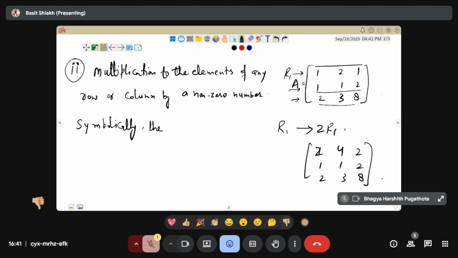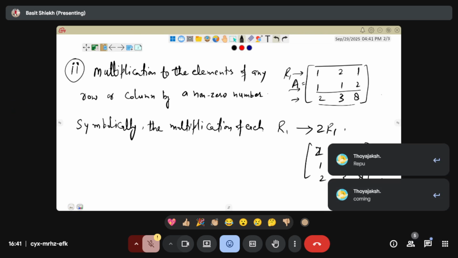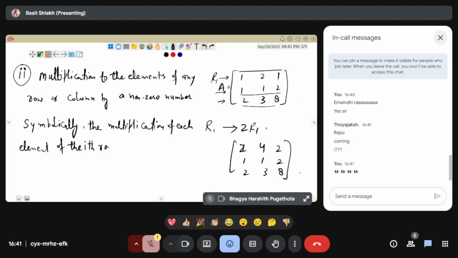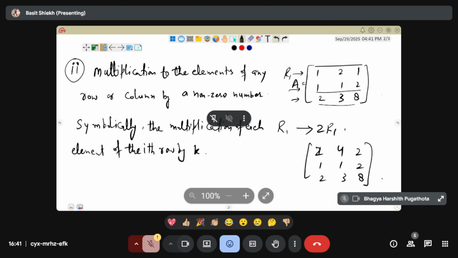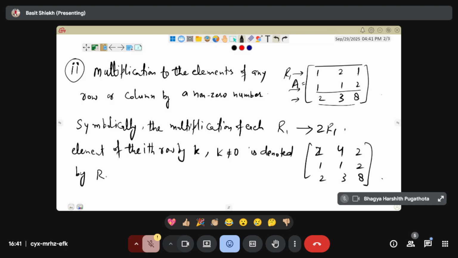Symbolically, the multiplication of each element of the ith row by k, where k is obviously not equal to 0, is denoted by Ri goes to k times Ri. The ith row will become k times Ri.